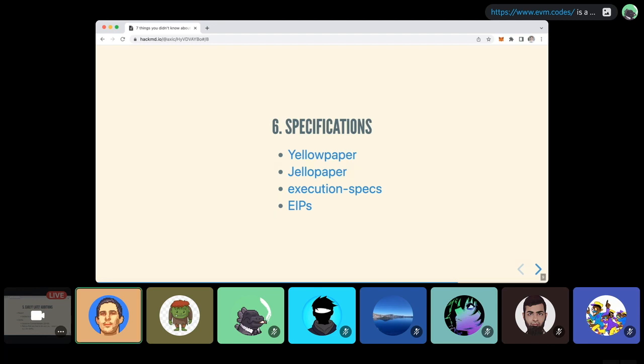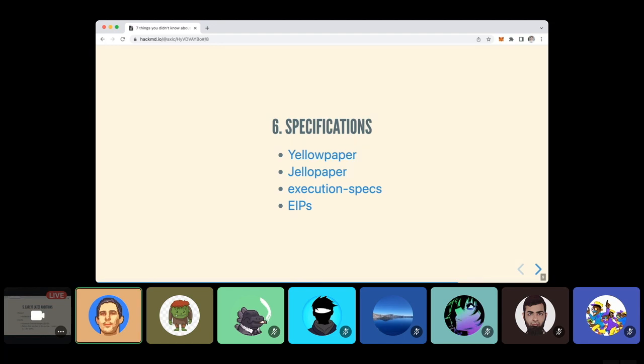And then all the other changes kind of took place in two locations. The EIPs repository is the main place where well-formulated changes to the EVM, and not only to the EVM, but to Ethereum in general, the execution layer of Ethereum, are collected. EVM changes definitely are formulated as EIPs.